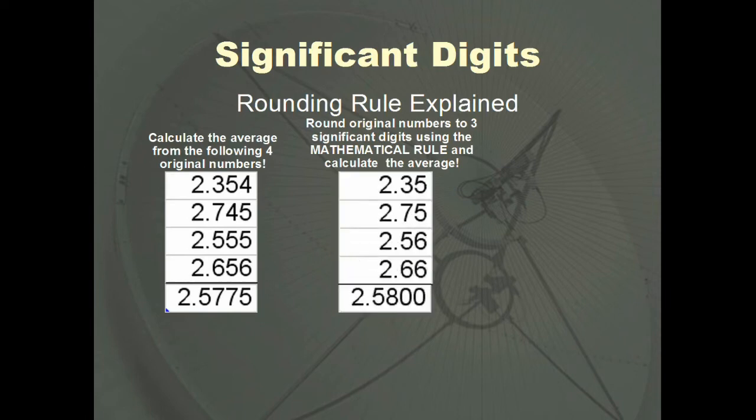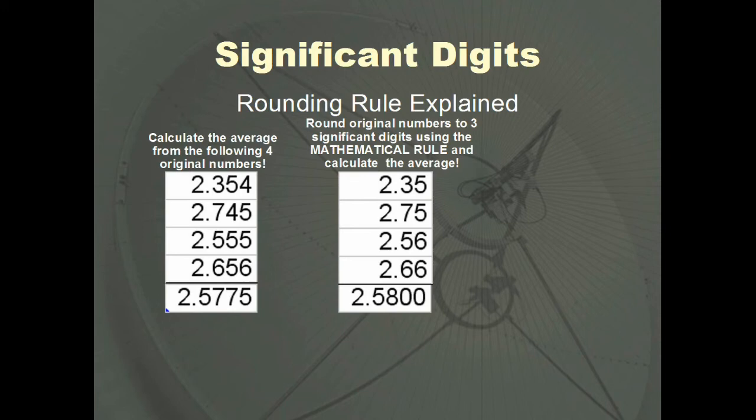Well, here's what I'm getting. 2.354 turns into 2.35, 2.745 into 2.75, 2.555 into 2.56, and 2.656 into 2.66. That is a typical mathematical rounding rule. Now let's take the average of this. I'm not looking here for significant digits. I'm just going to crank it out and see what my calculator tells me, and it would say 2.5800.